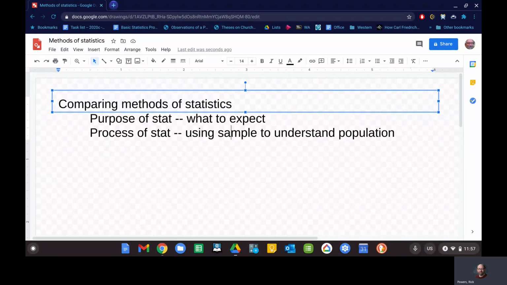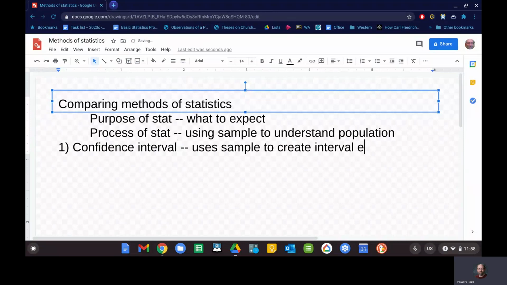Now, when we deal with that, there are two main methods. The first of all is the confidence interval. What does the confidence interval do? Hopefully you've seen this enough times: the confidence interval uses a sample to create an interval estimate of a population measurement.